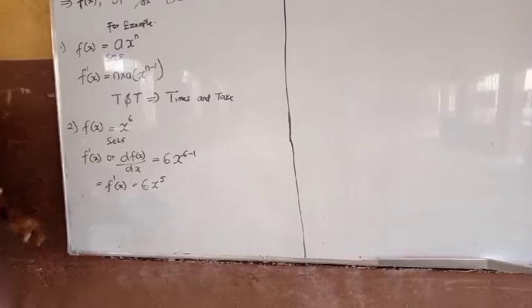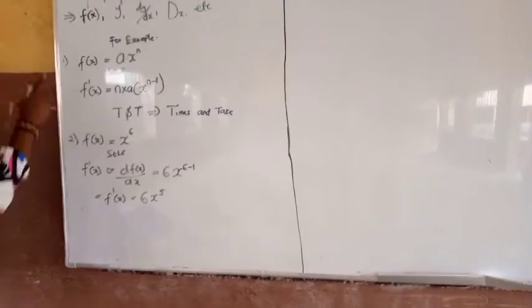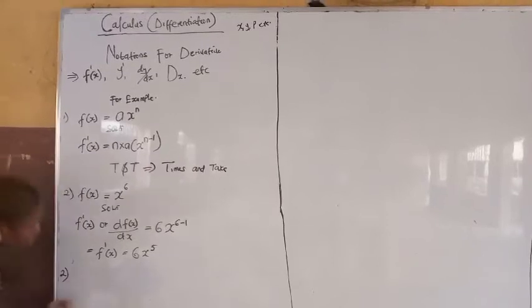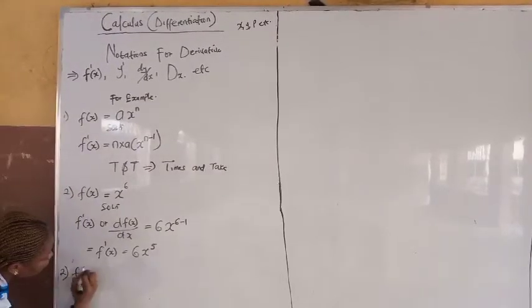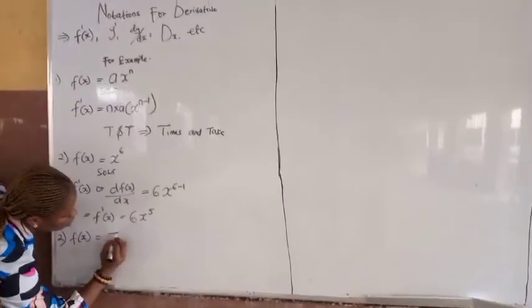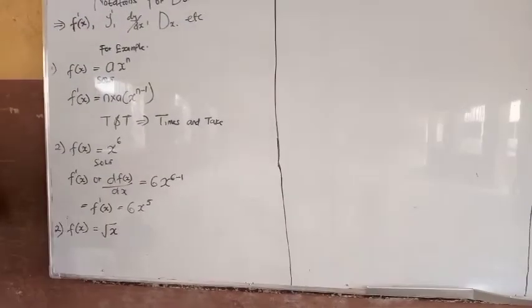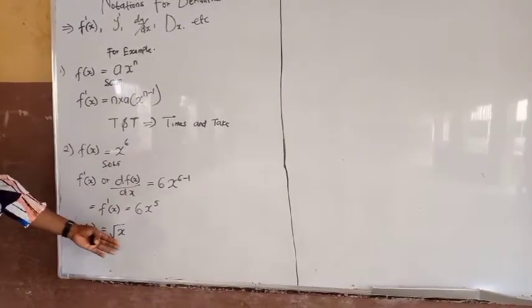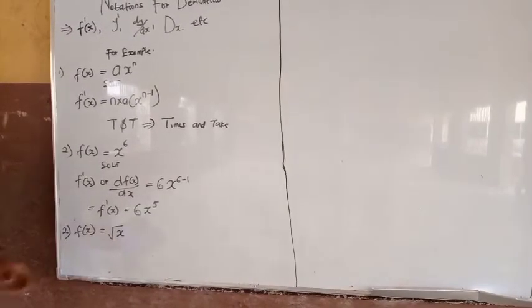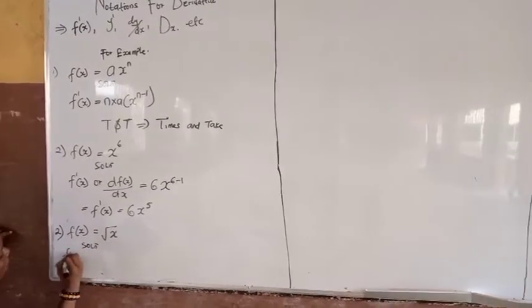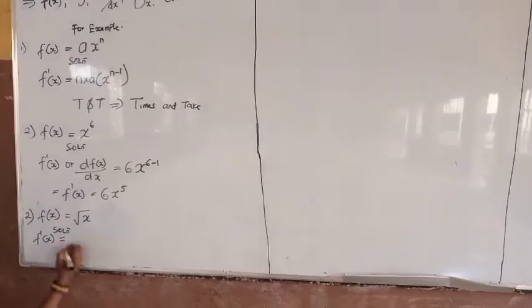Let's pick one example to close down the topic of differentiation. So what if I have my f of x to be the square root of x? I can always say solution, that my f prime of x will be what?